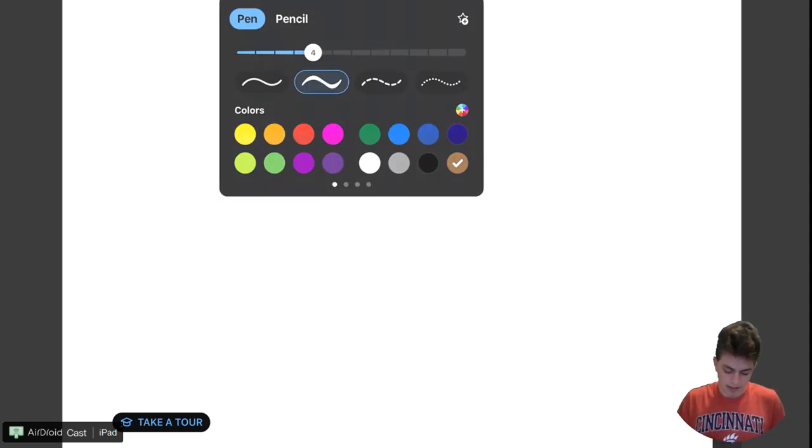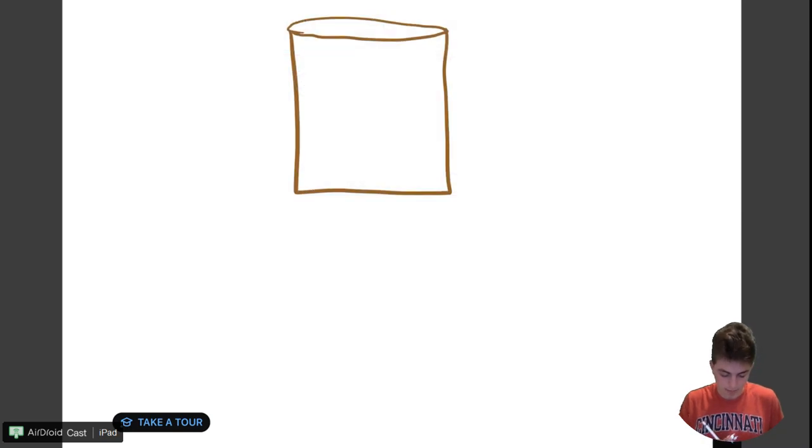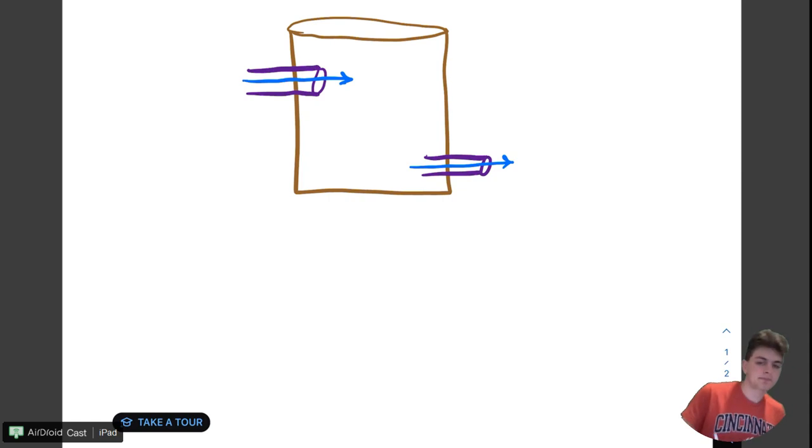Well, a flow system is that in which we have, say, some tank here, as such, and we have some sort of pipe in and some sort of pipe out of our tank here, and we have some sort of fluid flowing in and some sort of fluid flowing out.